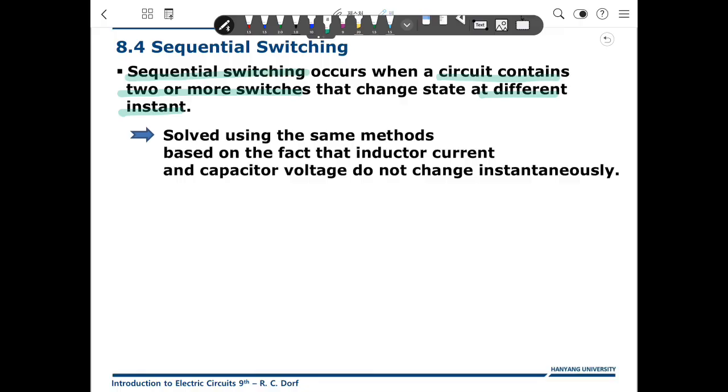How to solve this problem? It's very simple. It's the same way. You can use the same method based on the fact that inductor current and capacitor voltage do not change instantaneously. That is the basic assumption to solve the first order circuit.